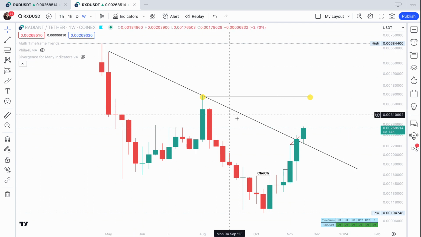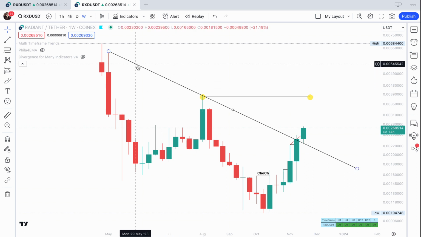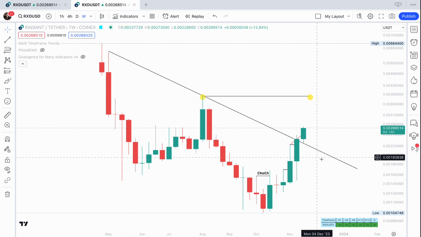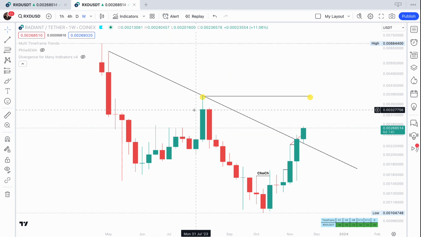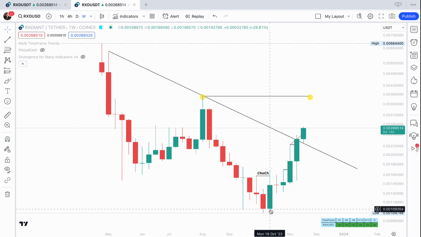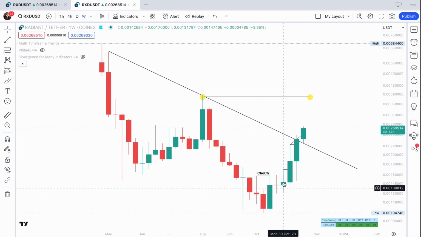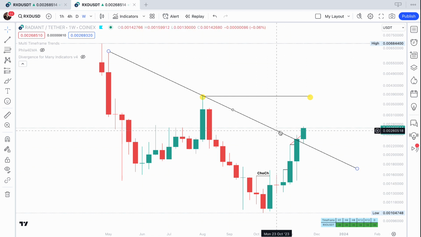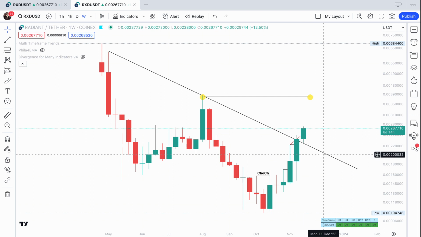This already gives us a good impression of RXD. You can see that it is in a downtrend. However, since October, it is in an uptrend, and this week it went above the trend line, which is a good sign, a good beginning.